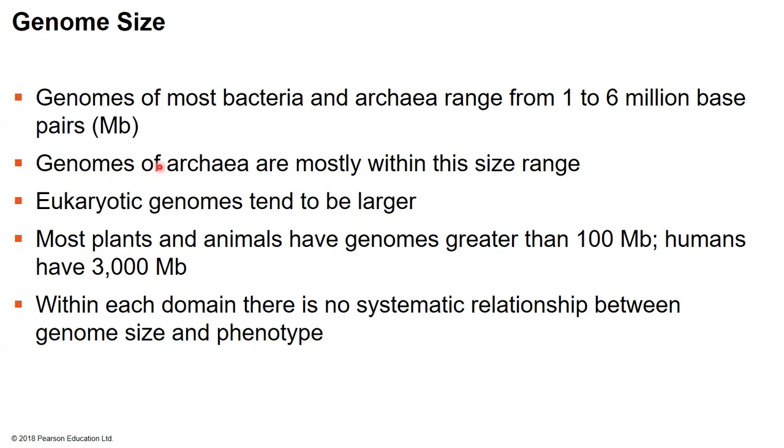Genomes of archaea have a similar size range, but generally speaking, eukaryotic genomes are much bigger than prokaryotic, bacterial and archaeal genomes. For example, many plants and animals have genomes greater than 100 million bases. For humans, the haploid human genome consists of 3 billion, or 3,000 million, bases.